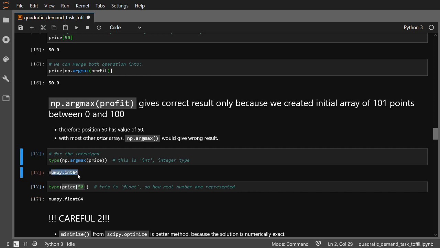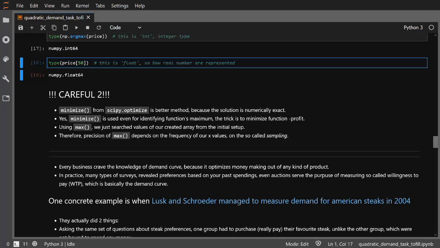So numpy integer makes sense because we cannot, for example, ask what is the value at position 8.7. We cannot index with real numbers, we can index only with integers. However, if I write type and the price, so I am asking what is the type of the values in my array, then I get float, and float represents the real numbers. Now, warning number 2.